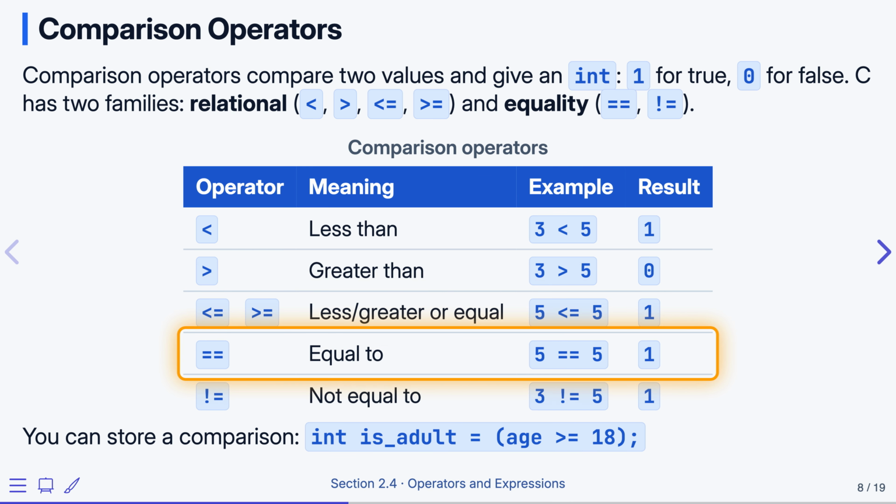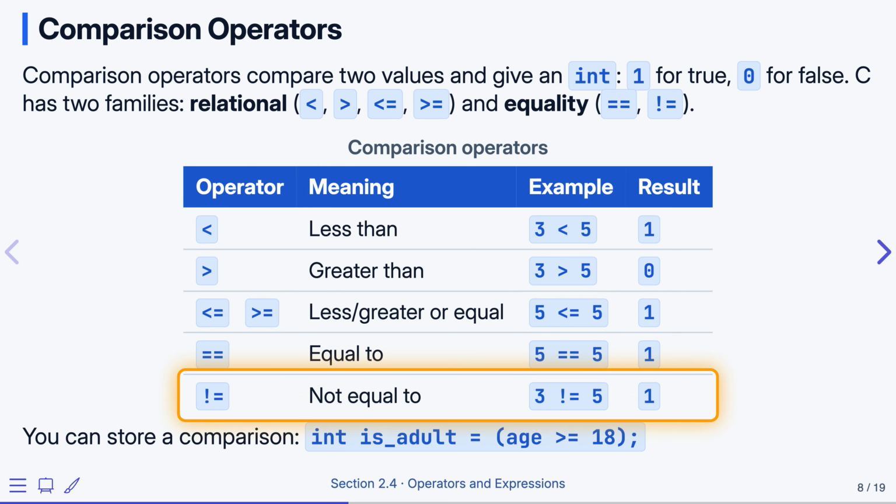Equal to belongs to the equality family. It uses two equal signs, double equals. Notice that. A single equal sign means something different, and we will come back to that. Not equal is the other equality operator, written exclamation equals. 3 is not equal to 5, so it gives 1.